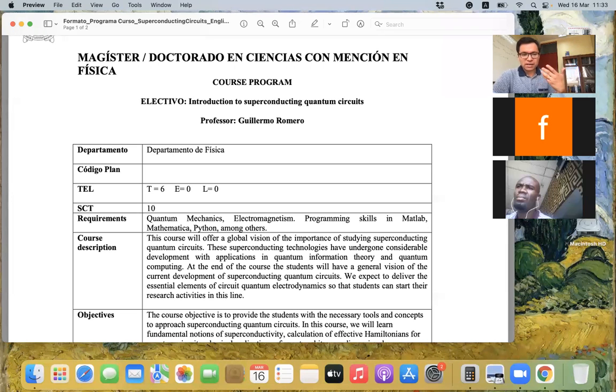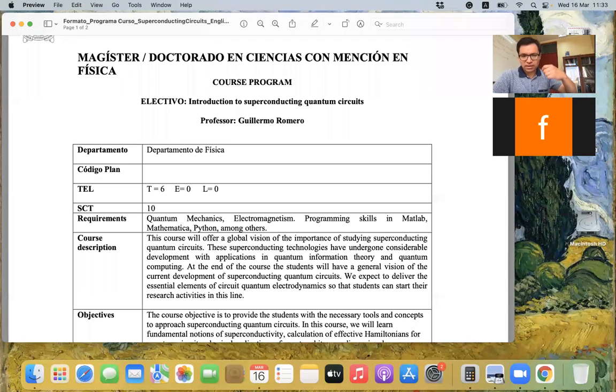But then you realize that there are always emergent phenomena in condensed matter physics. And for that, you don't really need to look at the microscopic behavior of your system, but instead you may create effective theories.